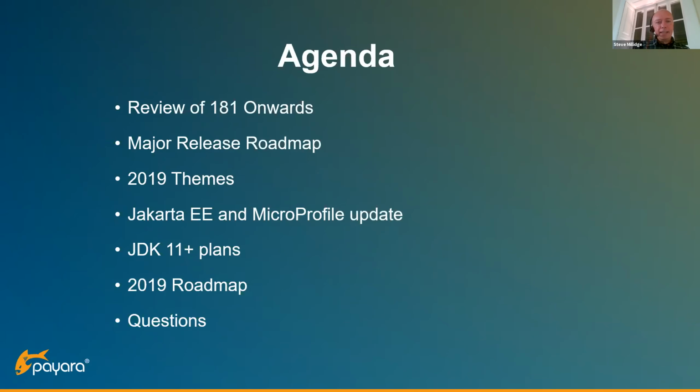I'll then cover the 2019 themes, and then I'll pass over to Arjan, who's going to go through the detail about Jakarta EE and MicroProfile, where they are and what our plans are related to those. Arjan will also cover JDK 11 and some developer tooling as well.